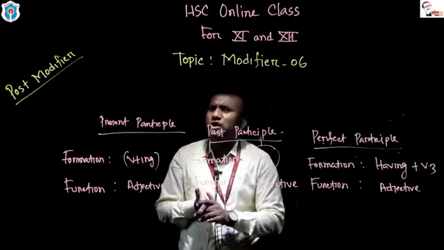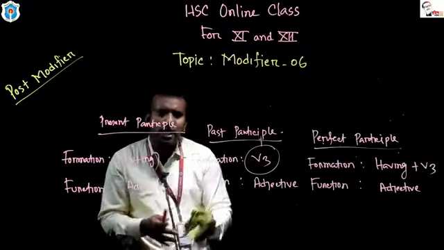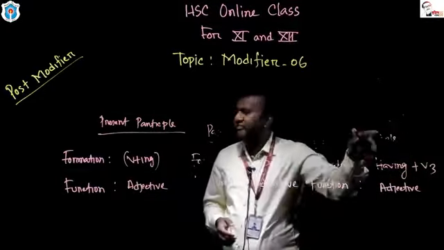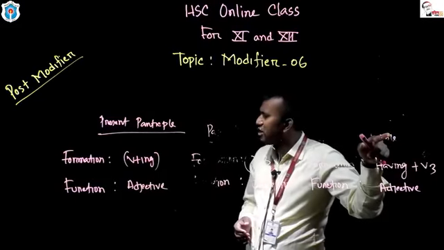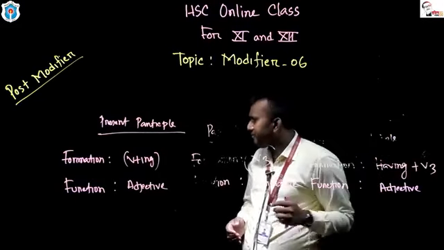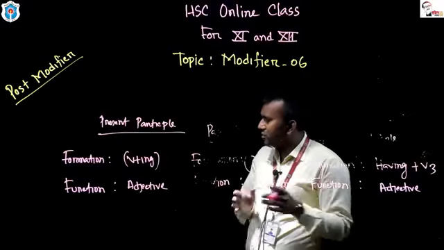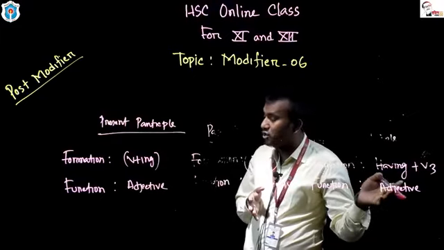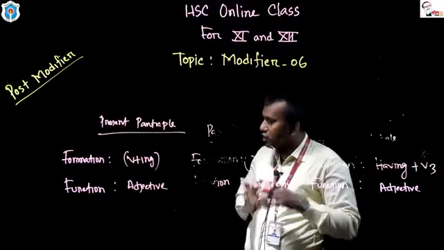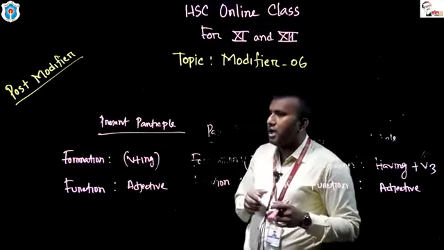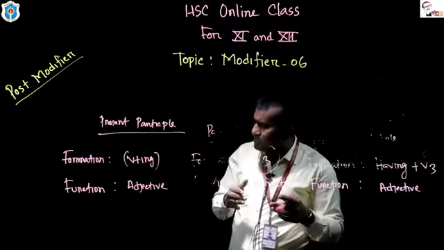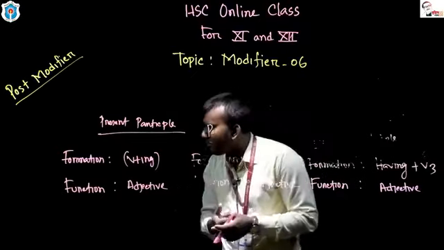Now we are going to talk about gerund. Oh, sorry. Perfect participle is not needed for modifier. For modifier, questions are not given related to perfect participle. Normally questions are given from present participle and past participle. Perfect participle is not important in the field of modifier.